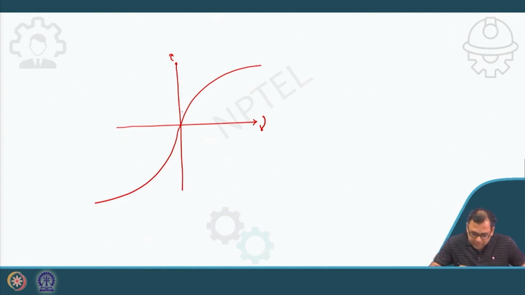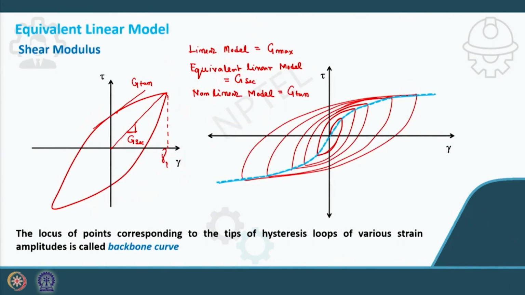Now the initial slope of the backbone curve gives me one shear modulus, that is G max, or G naught, and at any other point I can get another shear modulus. This is G sec.